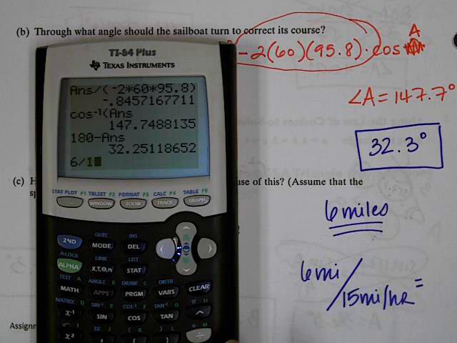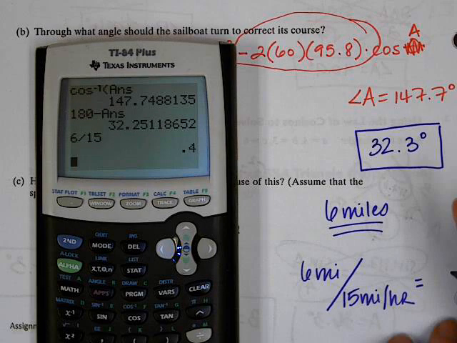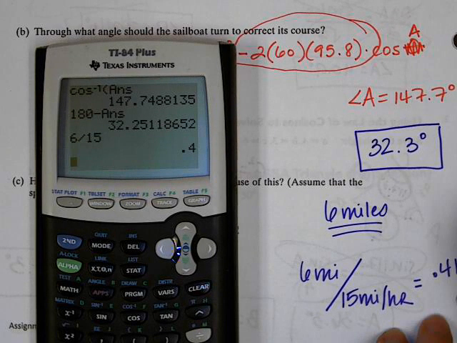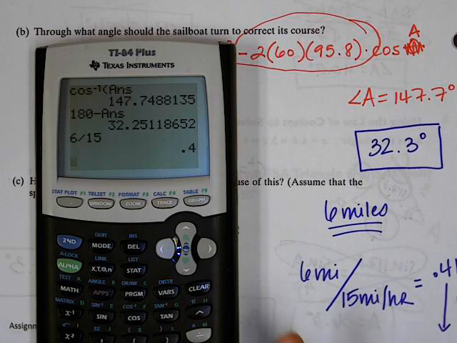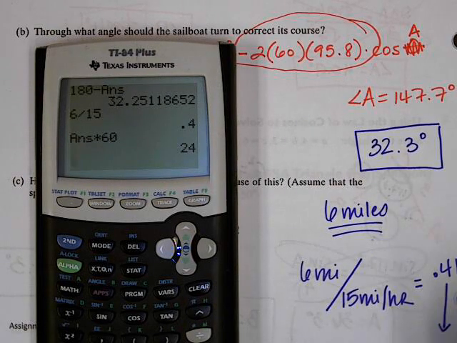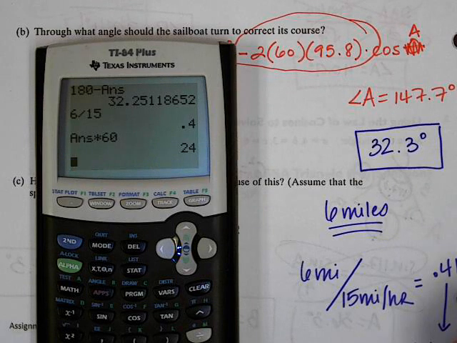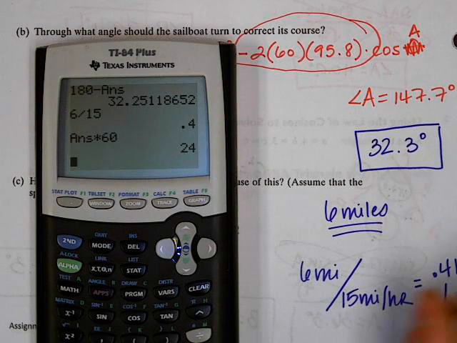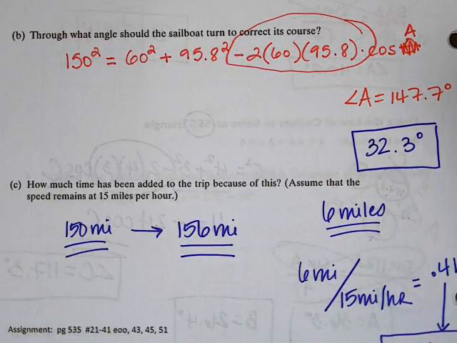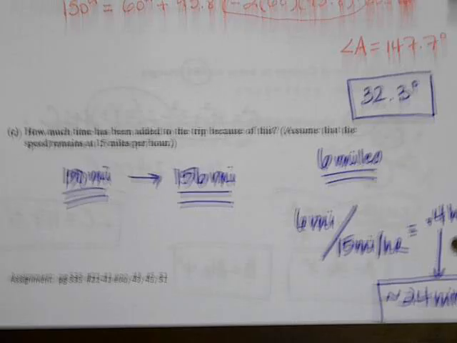So 6 divided by 15 is 0.4 hours. And if we want to convert that to minutes, we'll just multiply by 60, and that would be about 24 minutes. So 24 minutes off track because of that mistake.